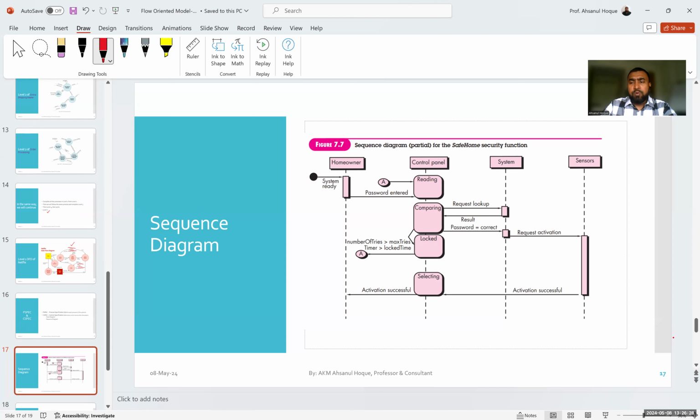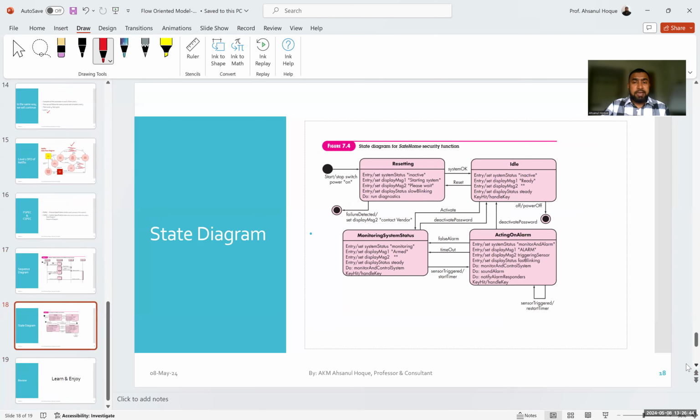How it moves from one place to another in a system is very easy to identify through a sequence diagram, and we can represent this type of behavioral change through it.